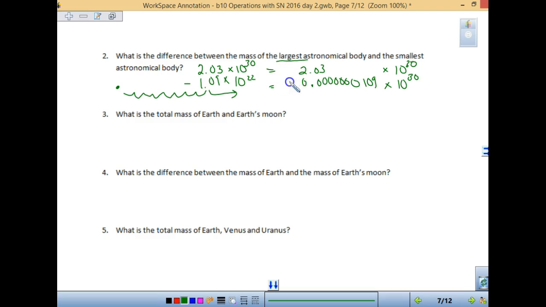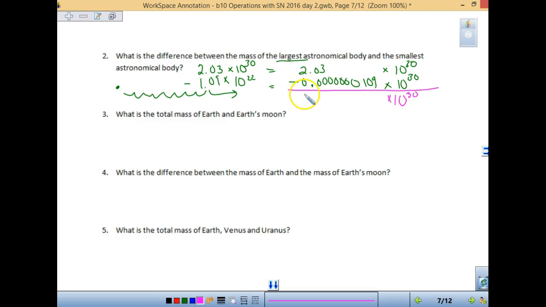Now, if I am subtracting these, does this make any difference in my math? Is this very big? Yeah, no, it's very small. It's really, really small. So when I go to subtract these, and this is times 10 to the 30th, I mean, we could put down 1.969999, all of those, right?